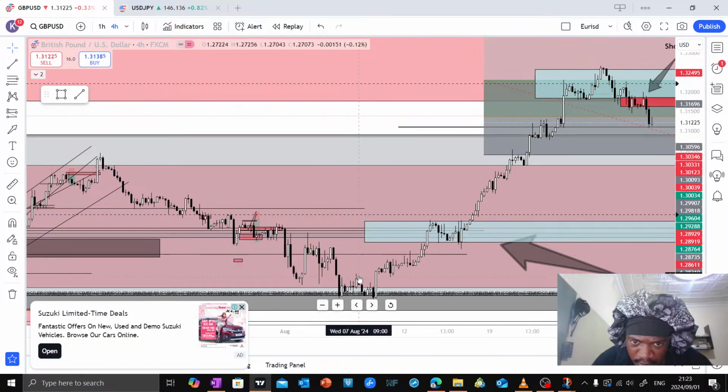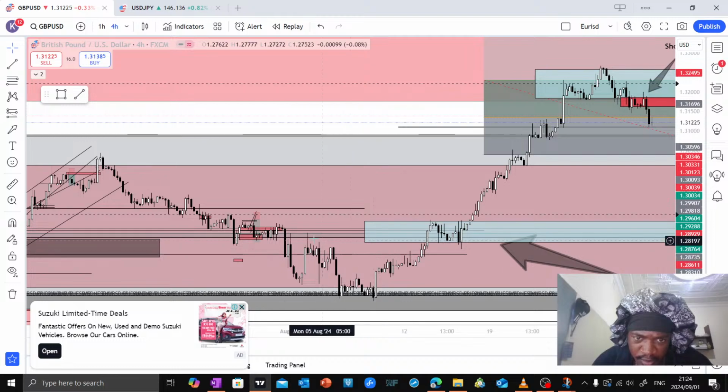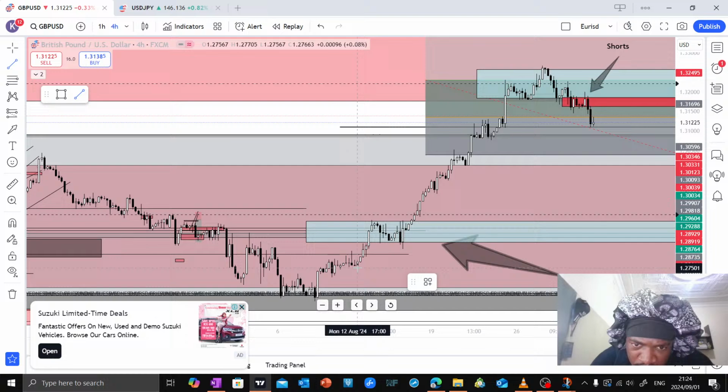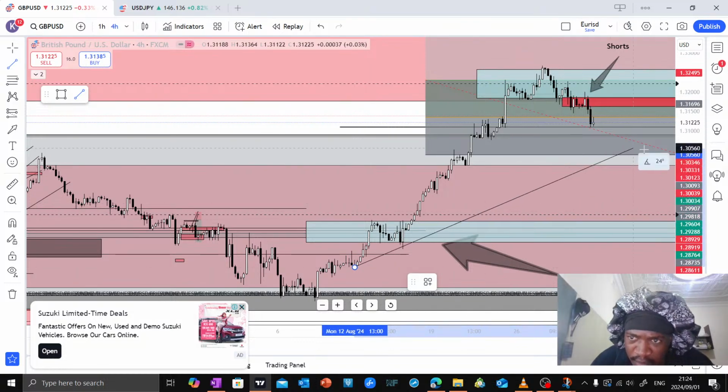This was the low, and this was the leg that took out the high. So we map from here to there. That's where our swing is coming from, our trend line.